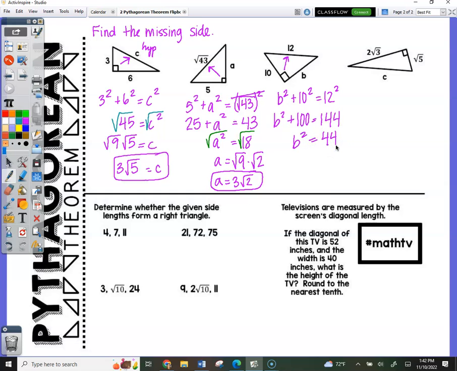All right, square root it. You get 4 and 11. All right. Next one.